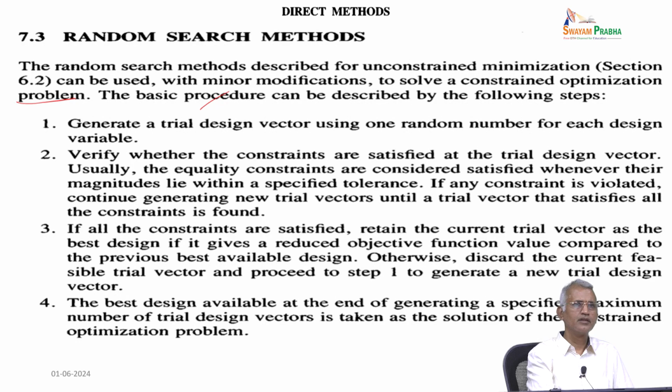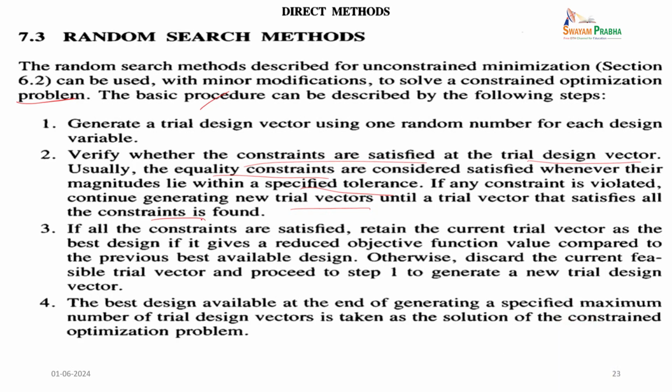Number 2, verify whether the constraints are satisfied at the trial design vector. Usually, the equality constraints are considered satisfied whenever their magnitude lies within a specified tolerance. If any constraint is violated, continue generating new trial vectors until a trial vector that satisfies all the constraints is found.